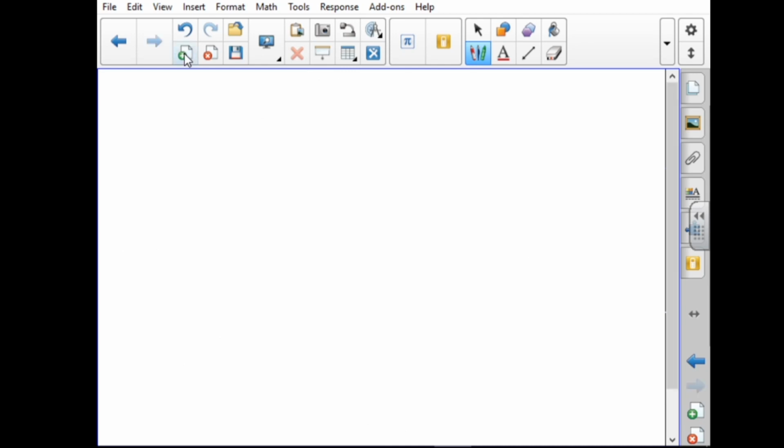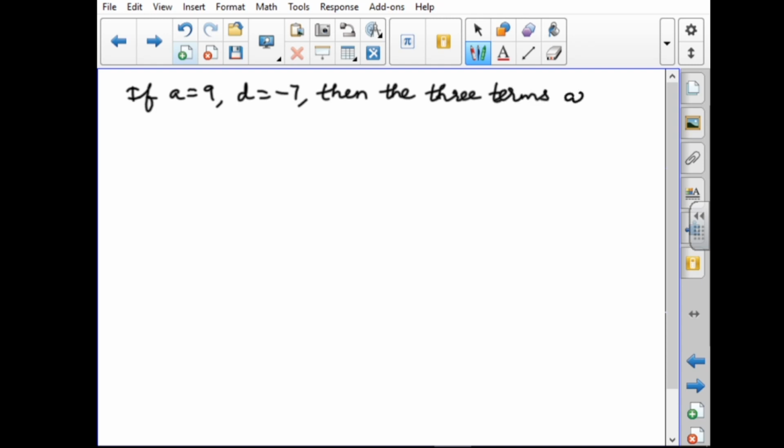Now for the second case we substitute the same a. a has 1 value, but d has 2 values. Already we have taken plus 7, now we take minus 7. Then the three terms are a minus d, comma a, comma a plus d.